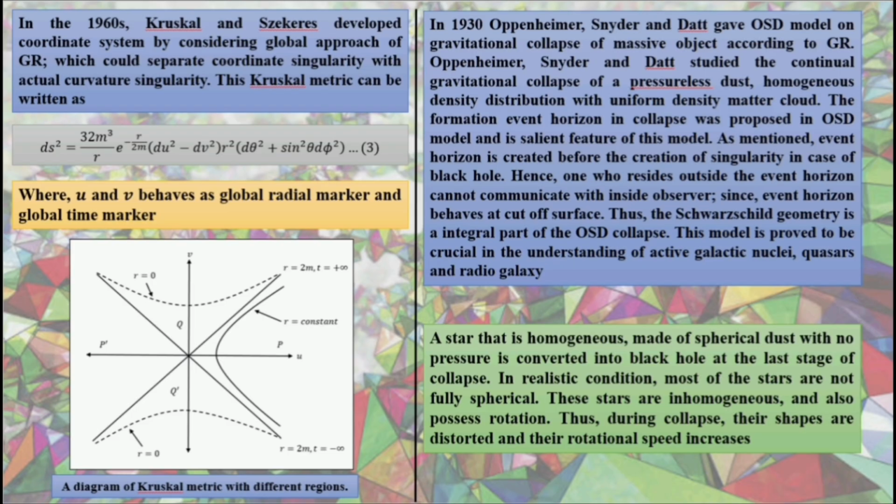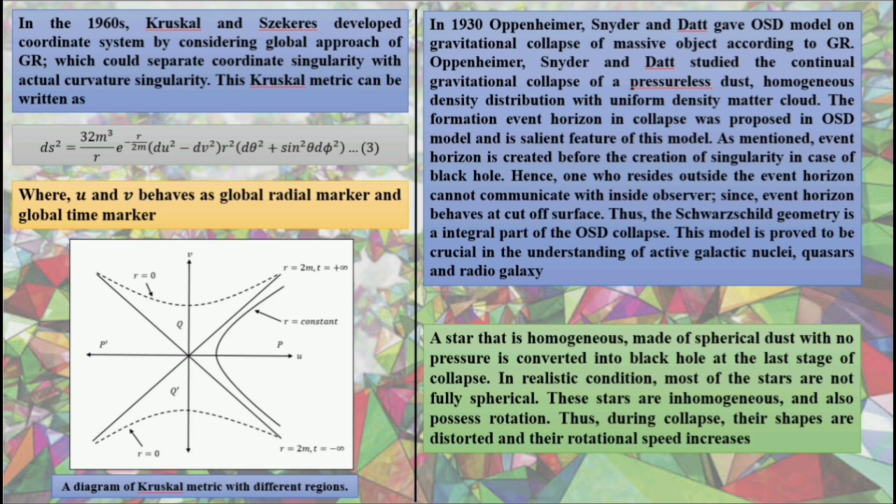So this difference was explained by Kruskal and Szekeres in the 1960s, and their metric is ds² = (32m³/r) e^(-r/2m) (du² - dv²) + r²(dθ² + sin²θ dφ²). Here u and v behave as global radial and global time markers. In this diagram, I have shown the Kruskal metric with 4 different regions. Those who are aware of this light cone diagram can easily understand these 4 regions.